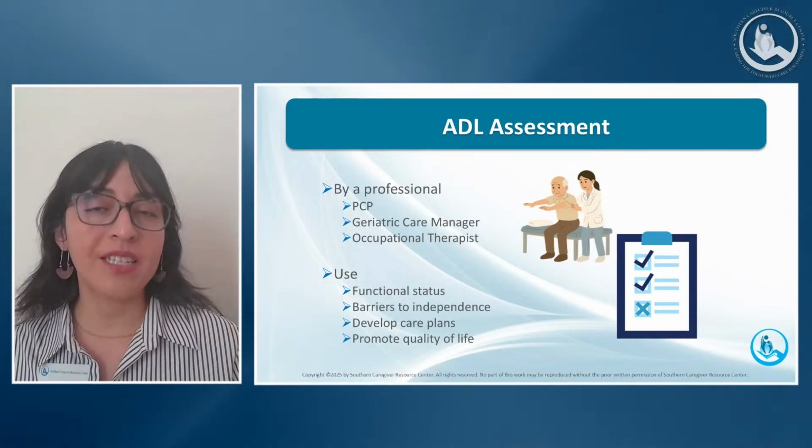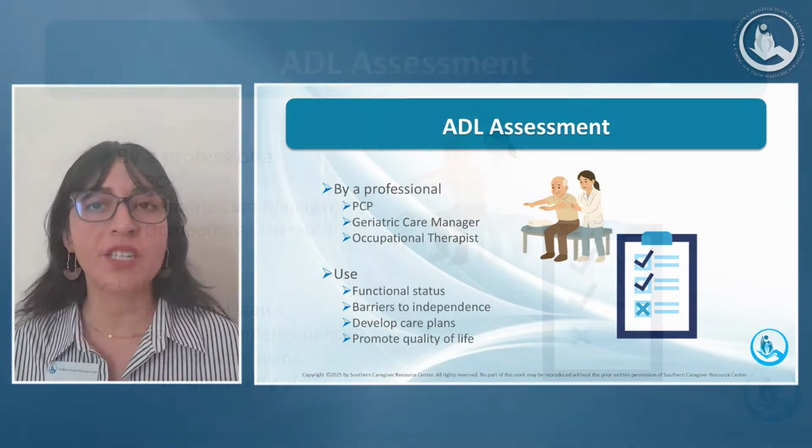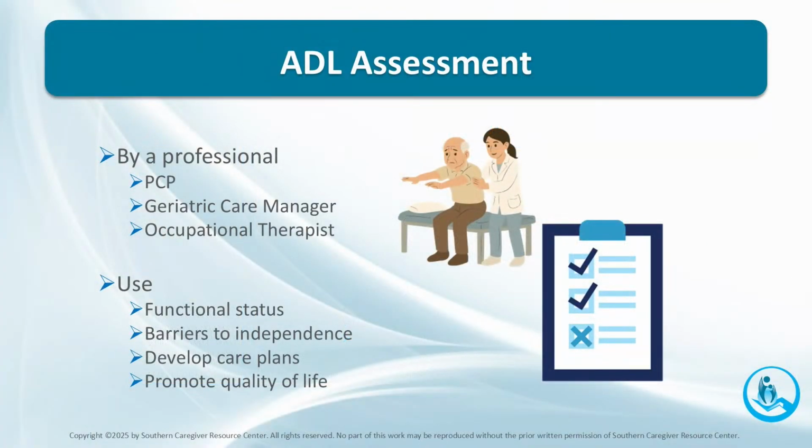However, a professional assessment by a primary care physician, a geriatric care manager, or an occupational therapist can help both the daily caregiving tasks, so the tasks the family caregiver does, and the healthcare team, right?